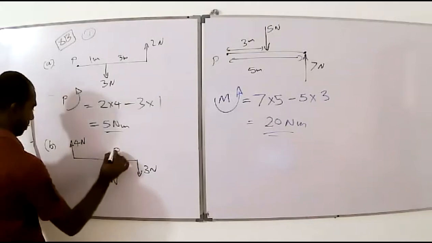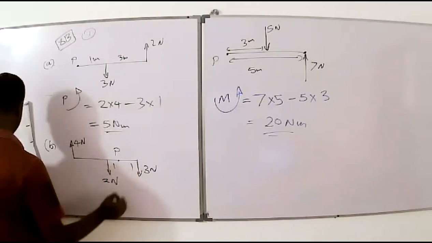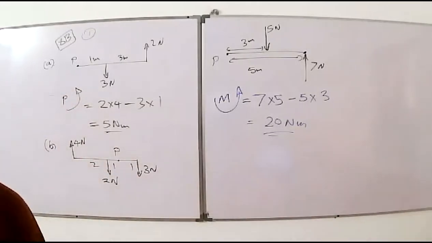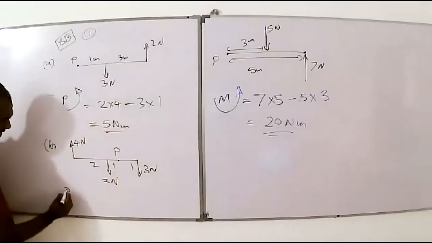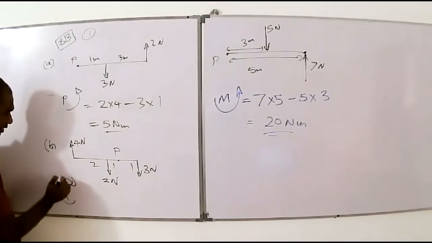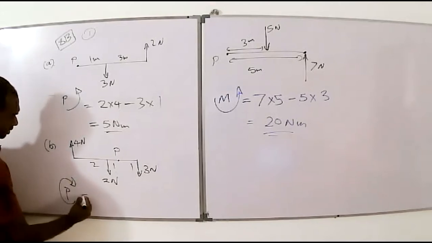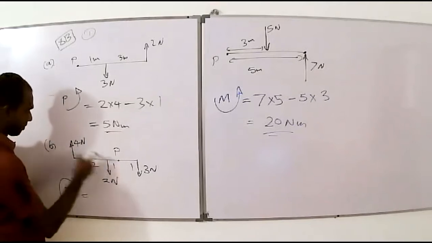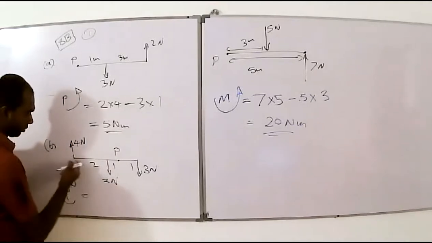This length is 1 and 2. So I am again taking from P. Which direction? I feel like these are a little bit larger, so I am taking a clockwise direction. So around P, what is going to be the resultant moment? This 4 into 3.